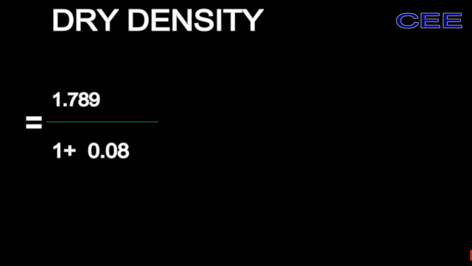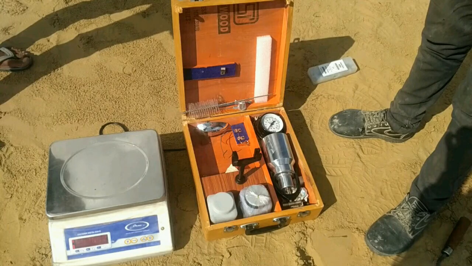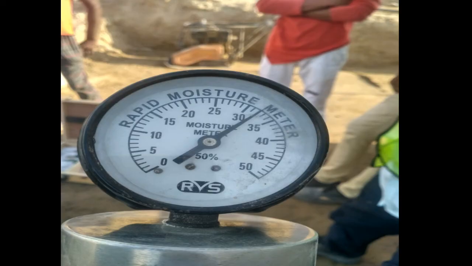Now this water content may be calculated by the oven dry method or by a rapid moisture meter, which is based on the calcium carbide method. You may watch my video separately on the determination of moisture content by rapid moisture meter.